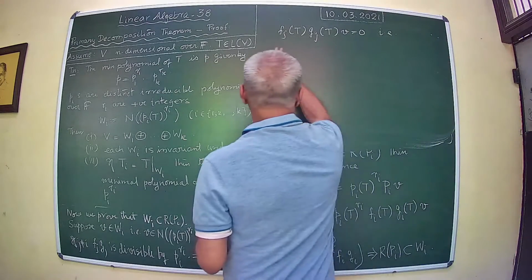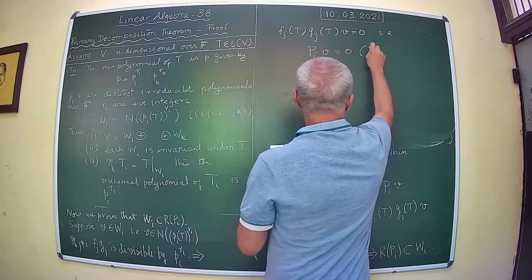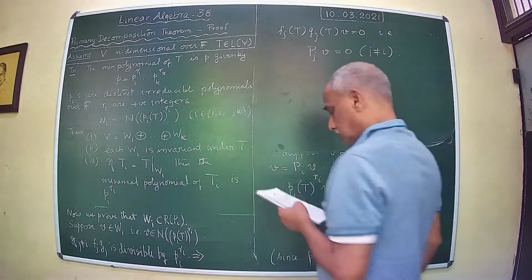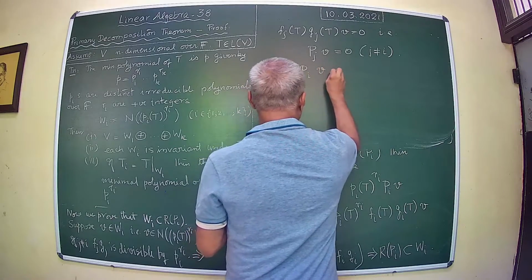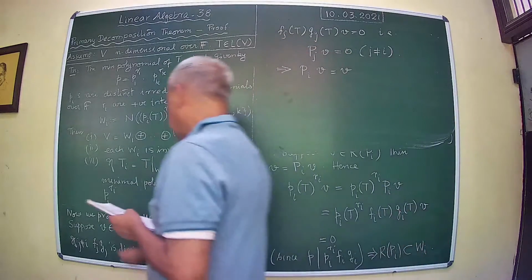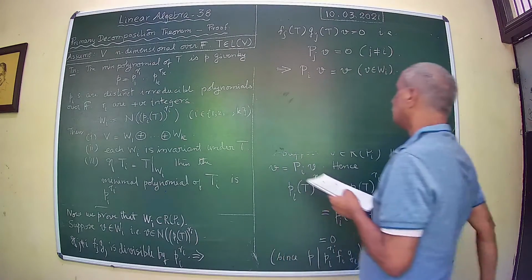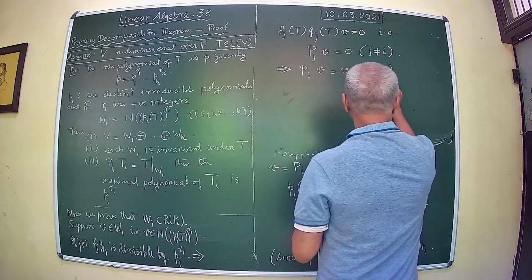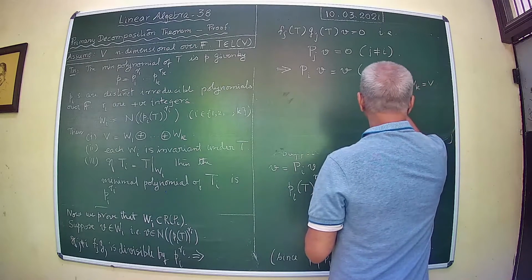Now that means Ej v is 0. This implies, because we have assumed v belonging to the V1 plus this property that we have got, W1 plus Wk equal to V itself.